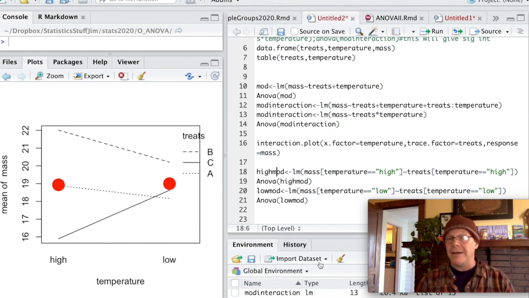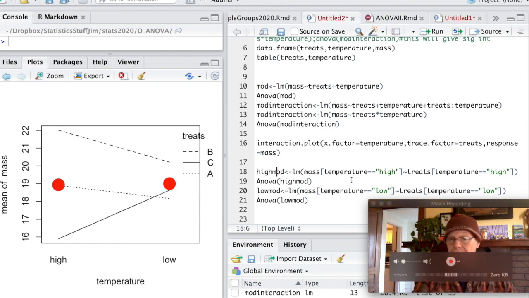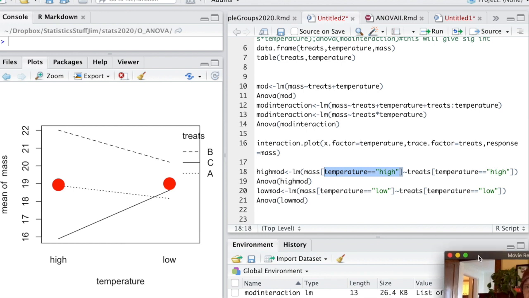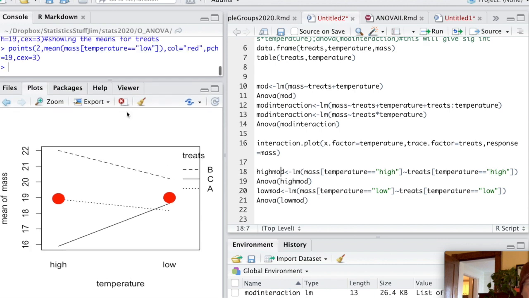I'm going to be taking just temperatures that are double equal to high in this model, and I'm going to do mass being some function of treatment, and then I'm going to do the same thing here. This is just going to call out those mass values where temperature is double equal to low. And so let's go ahead and run those ANOVAs.